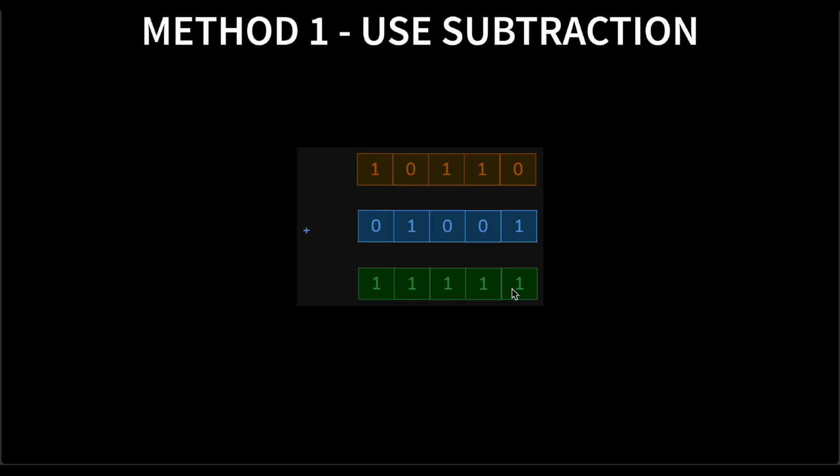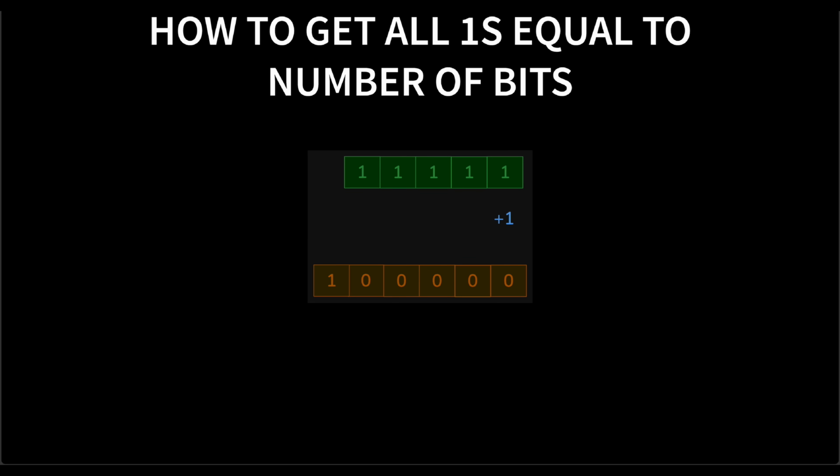And now the question is how we can actually get this kind of a number. And there comes the interesting piece: if we look at this number carefully, it is nothing but 2 to the power of the number of bits in the number, minus 1. So for example, if we take this number, it will be 11111, right? There are 5 ones in it, but if we add plus 1 to it, we will get 100000, so that will be 32, or 2 to the power of 5.